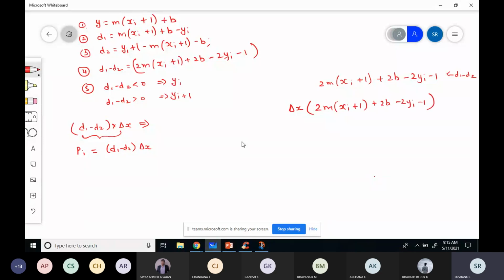Let's simplify further so that you don't get confused. First I'll simplify this: you can write it as 2m xi plus 2m, the next factor, plus 2b minus 2yi minus 1. Now delta x will be multiplied with each term.